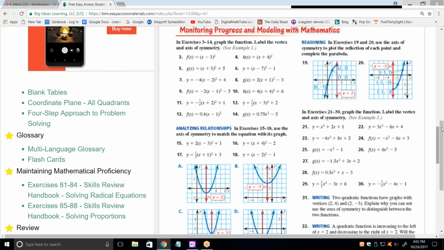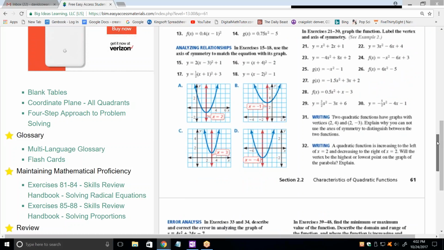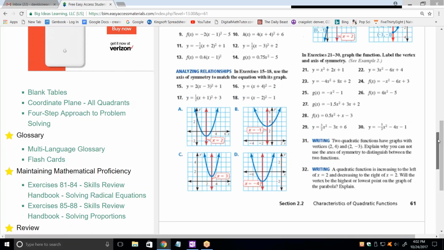Which problems? The first set is 22 to 30, even. So it's 22, 24, 26, 28, and 30. All the even ones from 22 to 30.